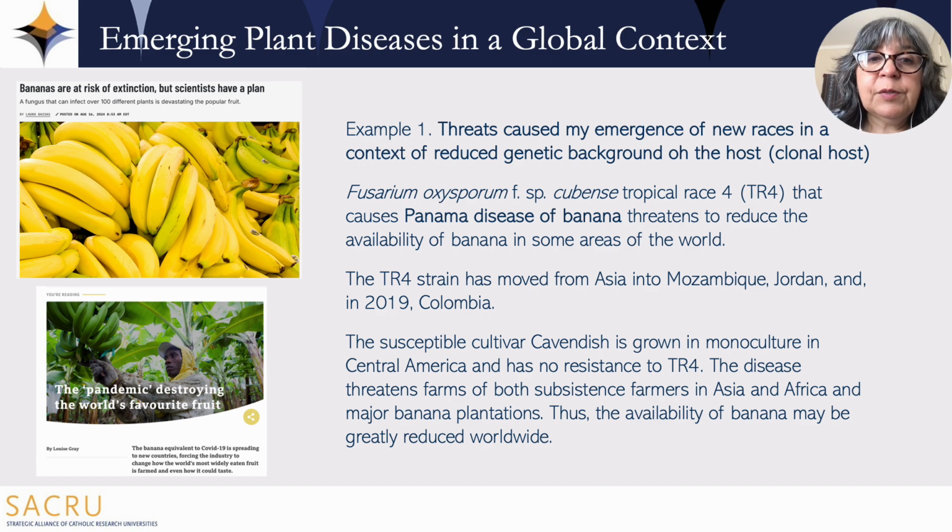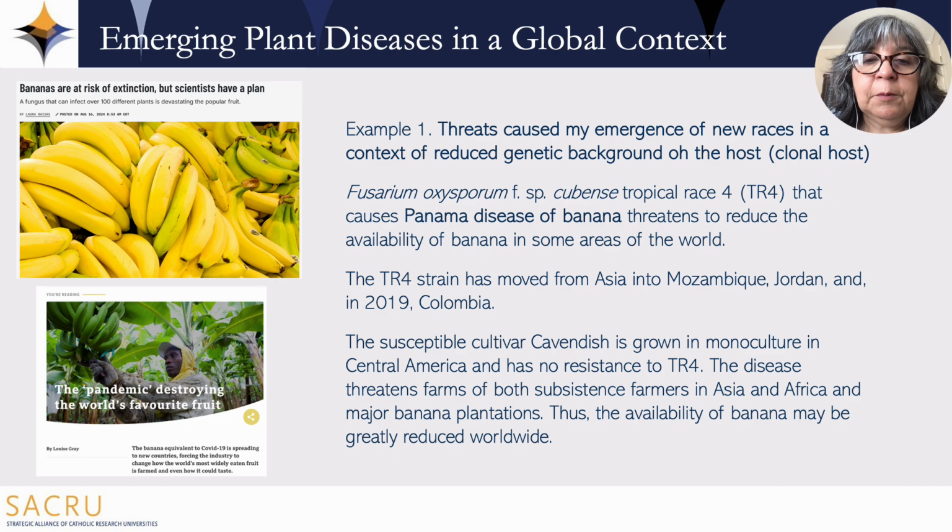This was the first report of this pathogen out of Asia, and in the last 5 years, this pathogen has spread in Central America, affecting the cultivar Cavendish, which is the main cultivar and probably the only one that is grown all around the world where banana can be grown.